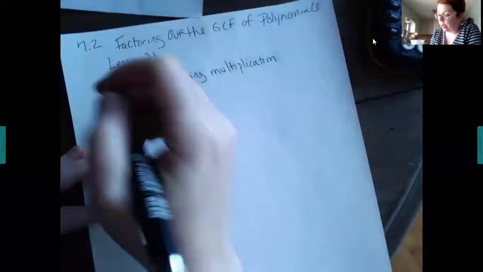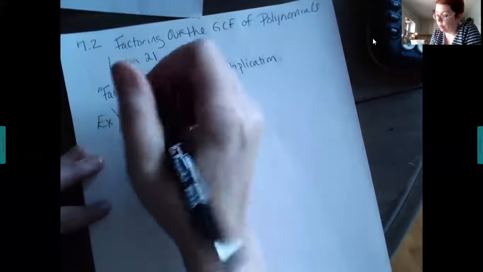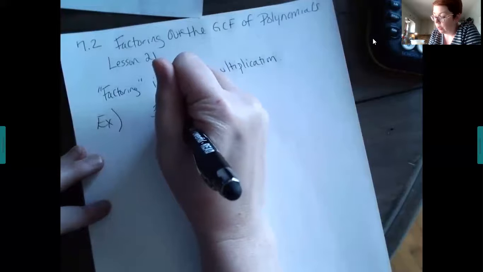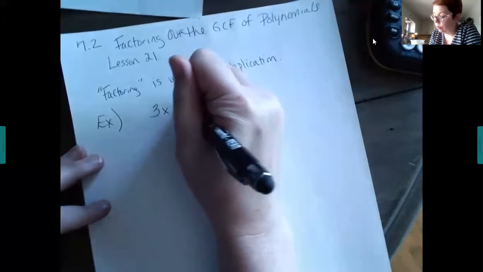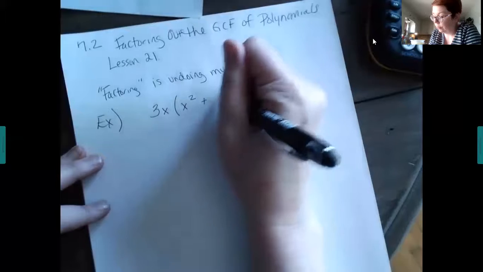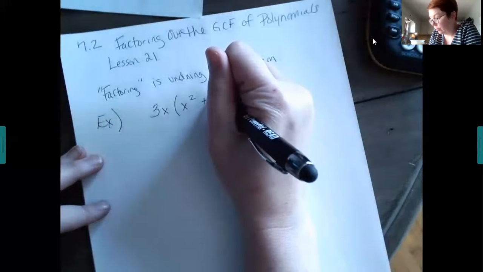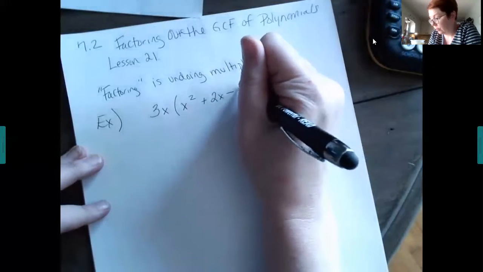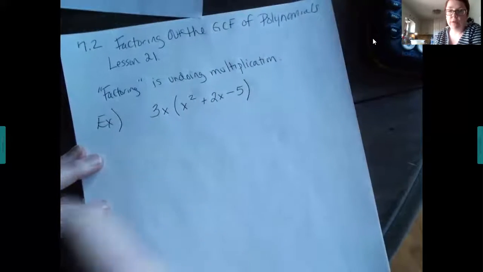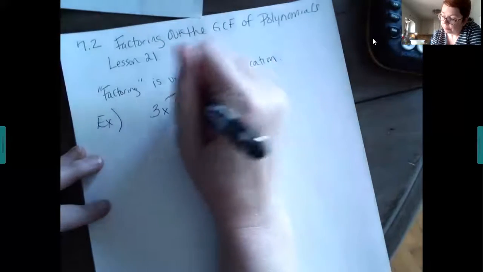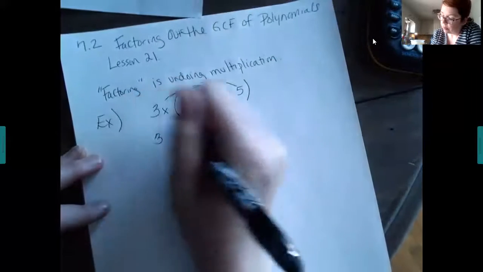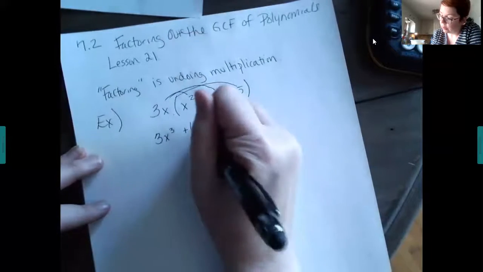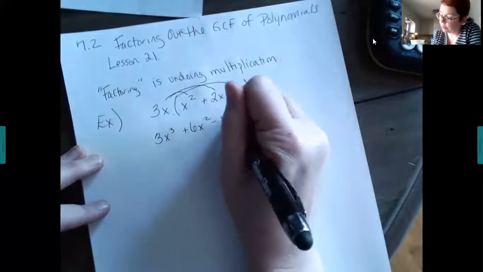So if we were to multiply, go backwards, I guess, for an example, and we multiplied 3x into the expression, we've done this before. So let's multiply that in. 3 times 2 is 6x squared. 3 times 5, that'll be minus 15x.